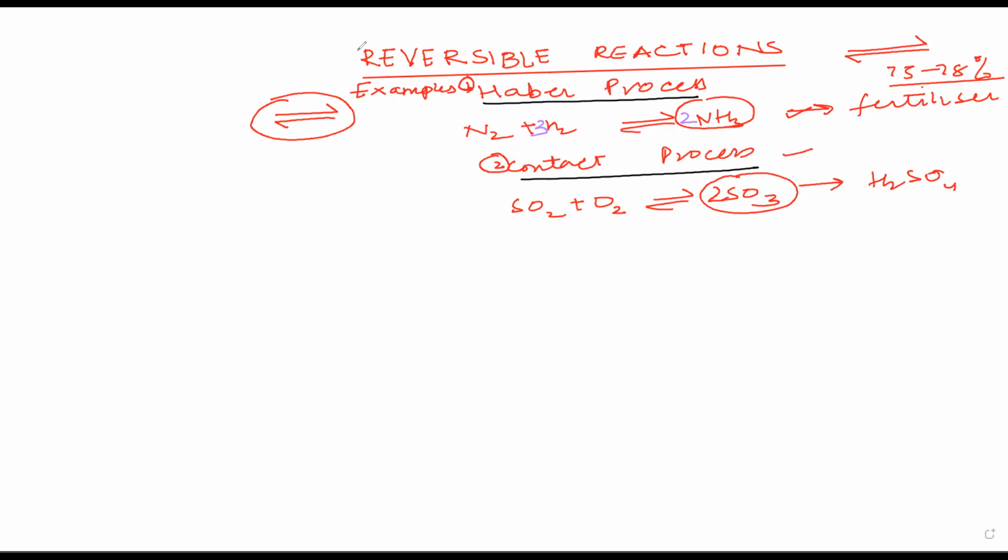So the industrialists a long time back came up with this particular problem, and there was a chemist known as Le Chatelier. He worked in this scenario and he tried to make these reversible reactions go irreversible. That means he tried to make these reversible reactions go either in the forward direction or in the backward direction.